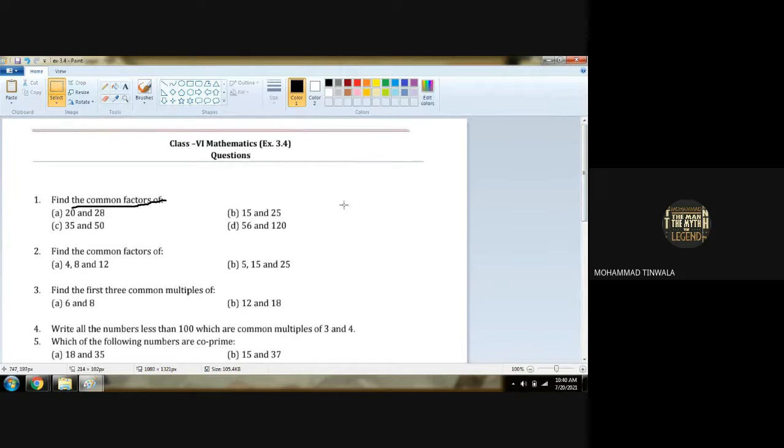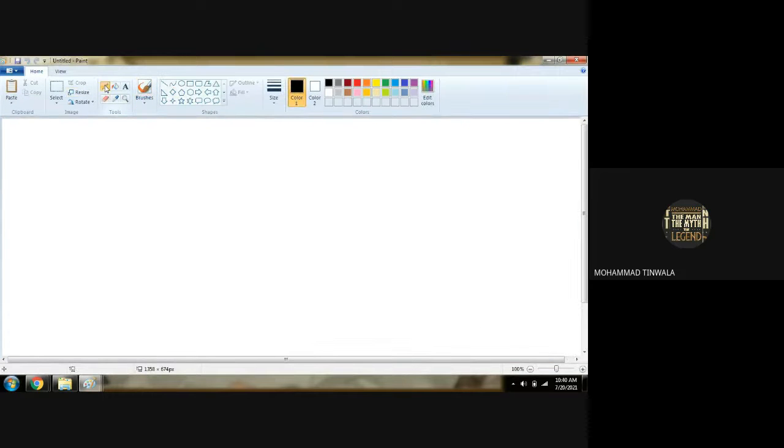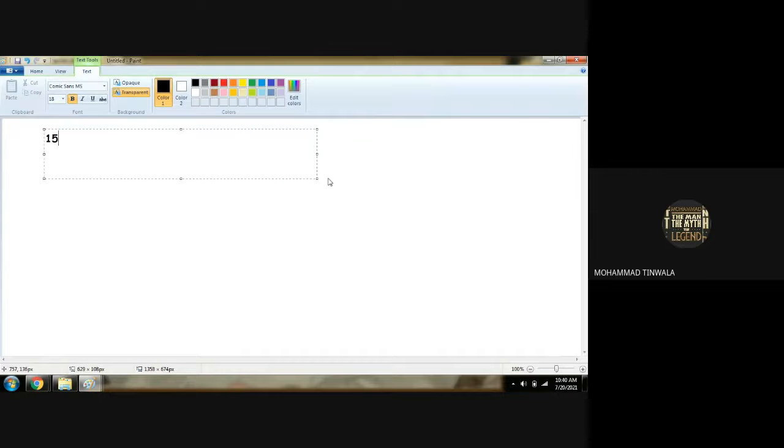Chalo. Then 15 and 25. First we take 15. 1 into 15 gives us 15. Then it does not come in the table of 2. 3 fives are 15. Then any other number in which 15 belongs?